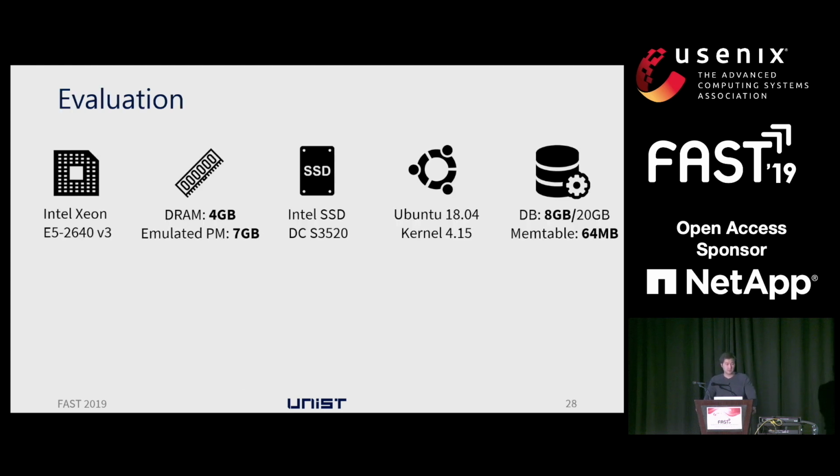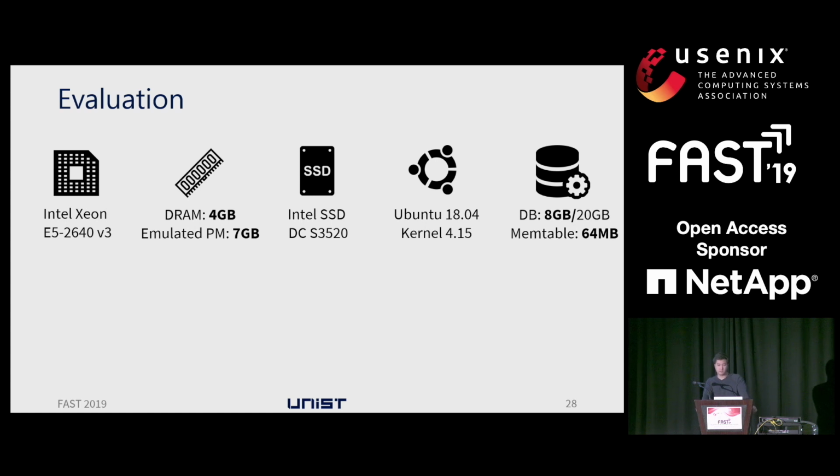So let me start with the evaluation, and we used Xeon processors. Our DRAM was configured to be 4 GB, and we emulated our persistent memory to be 7 GB. We used an SSD for our storage. For evaluation, we used DB sizes of 8 GB and 20 GB. However, for this presentation, I'll be showing only results of 8 GB.